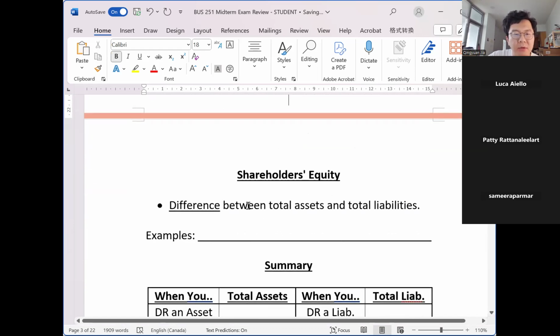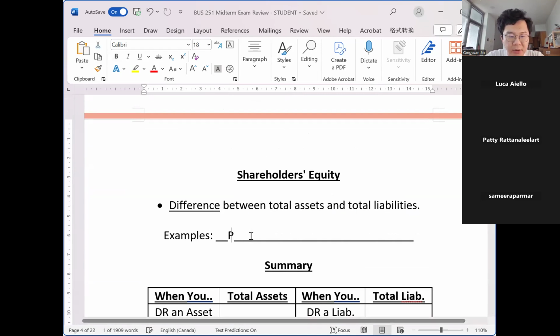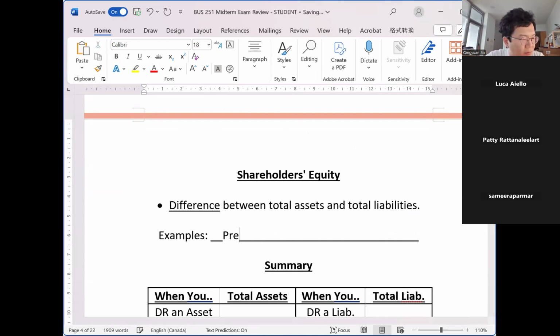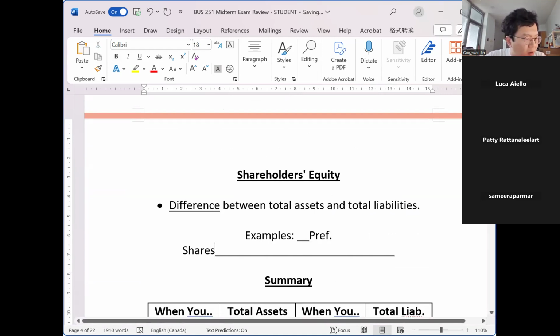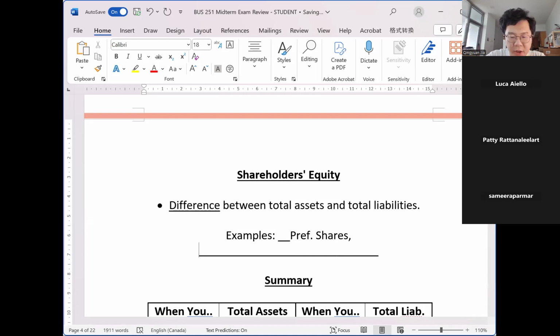Okay, next one, let's move to the shareholders' equity. Shareholders' equity means the difference, exactly how it was calculated. It's the difference between total assets and total liability. Some examples could be preferred shares, common shares, and also retained earnings.